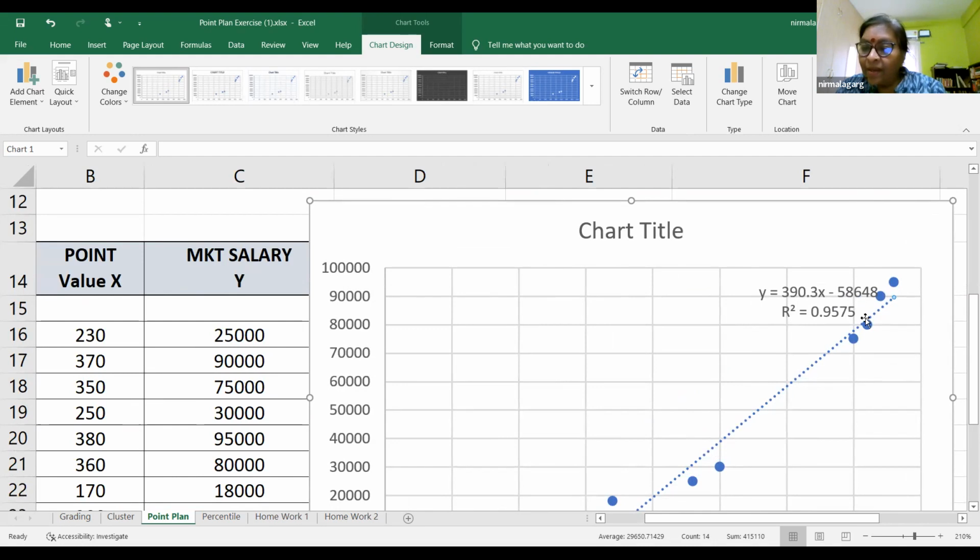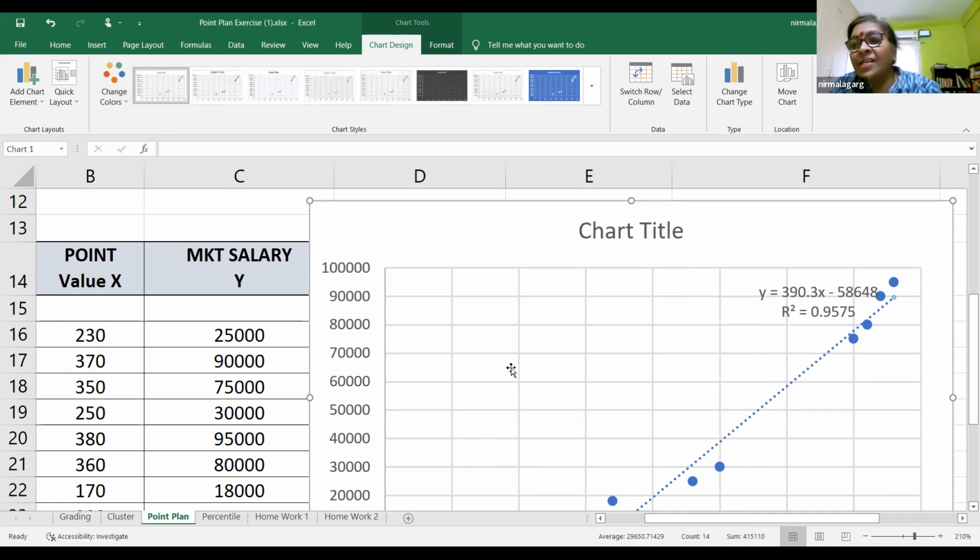This is called the pay line. That means any job which falls on this line will have the salary corresponding to that. When I say R square, it is called the coefficient of determination, which is called regression. So 0.95, 95%. That means it's a very good R-square regression. That means 95% of the dependency of the market salary is on the points.